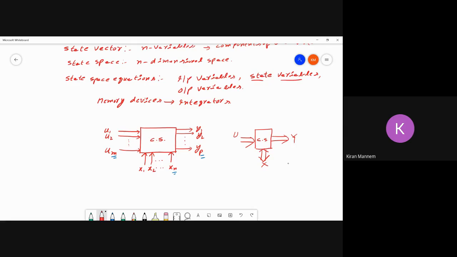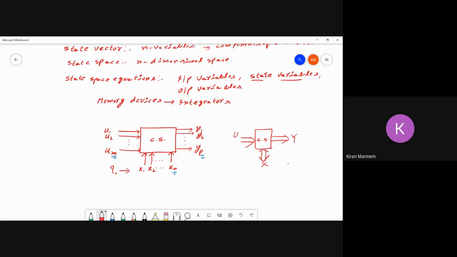Now, how do you represent these state variables? Generally, all the state variables are represented by first order differential equations.